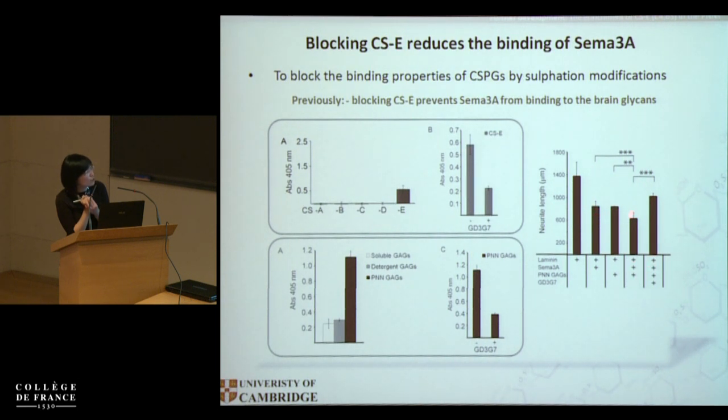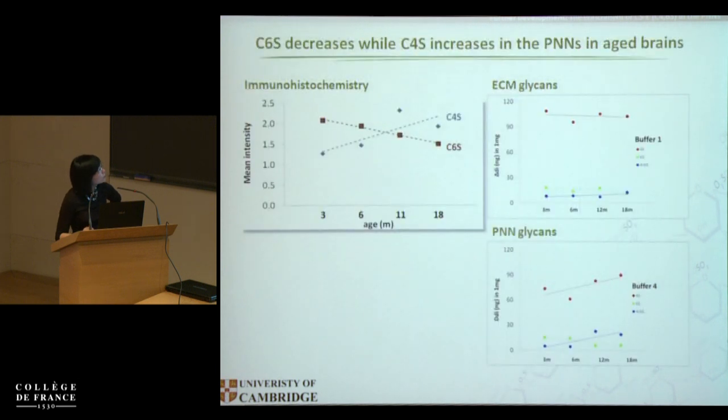In the presence of both, it drops a further 10 to 20%. These effects can be reversed by the addition of the anti-CSE antibody. So blocking the CSE using an antibody is a tool that we might be able to use to modulate semaphorin 3A binding from the perineuronal nets.